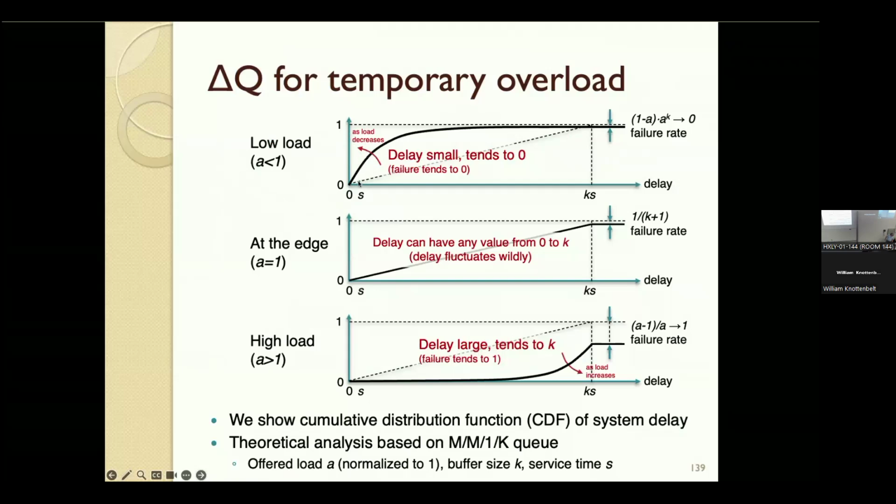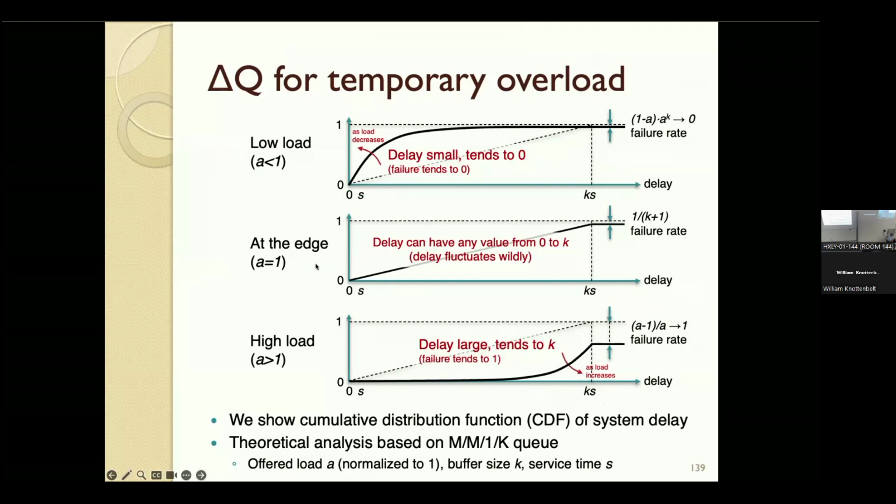So we have this exponential distribution, and the failure rate is very low, tending to 0, okay? Now, at very high load, you have this other exponential on the other side. So the delay is very high. All the packets that make it through are right here, okay? They have a delay of K, and the failure rate is very high. So everything bunches up at K.